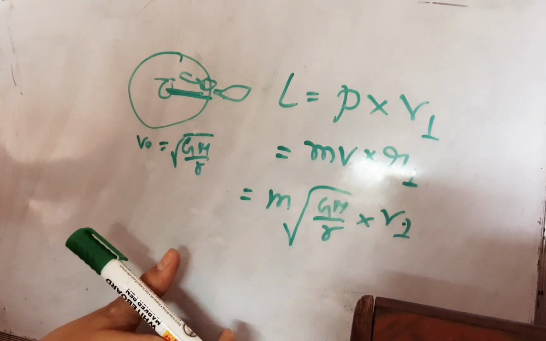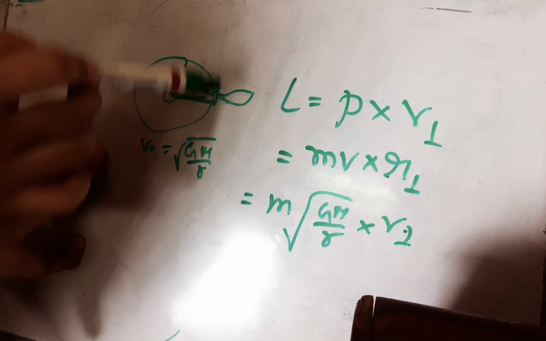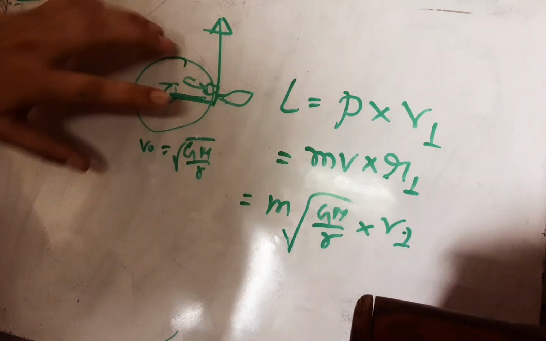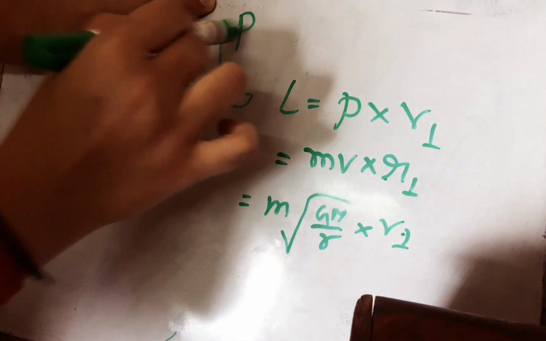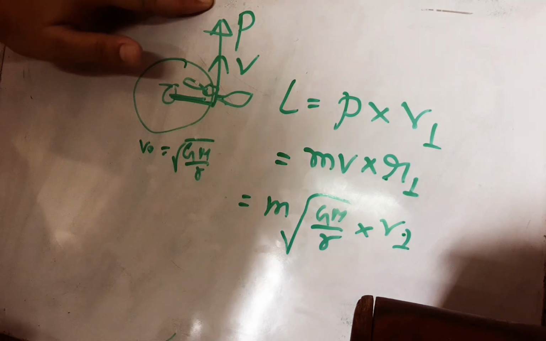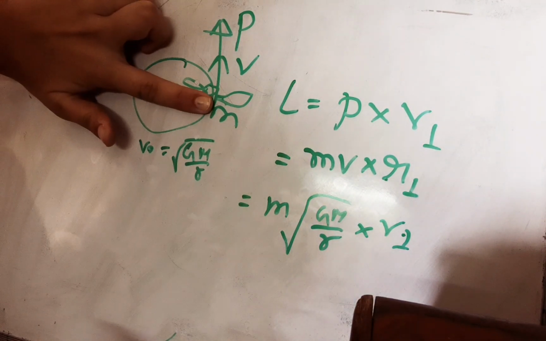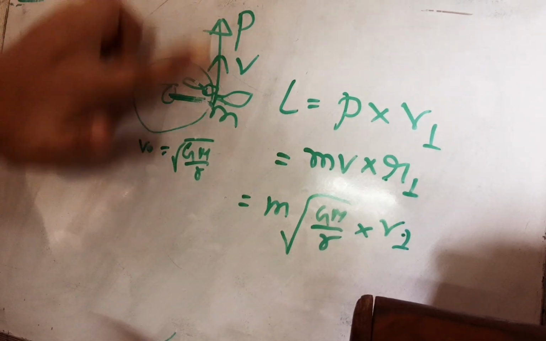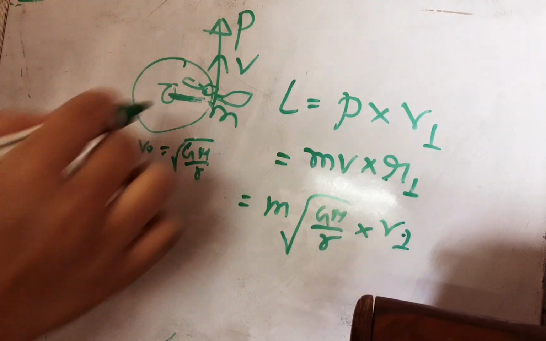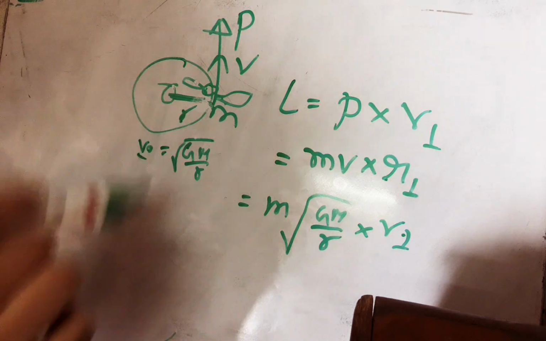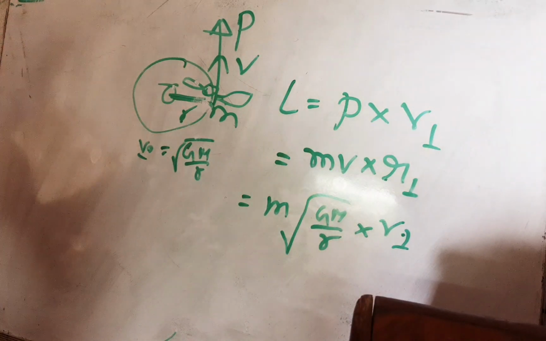Your momentum p is in the direction of velocity, and mass doesn't have any direction, so perpendicular to this is only your radius. This r you should consider for orbital velocity, and this r for r perpendicular.